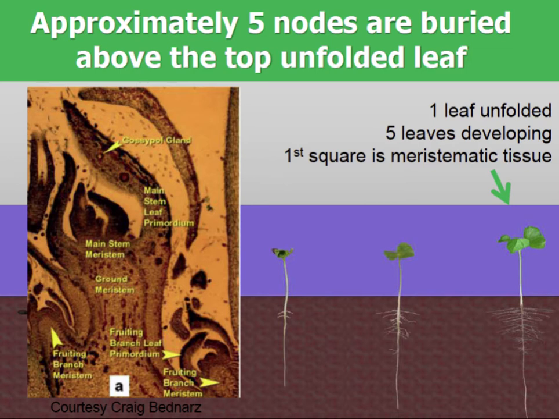When you have this one-leaf plant that we see here on the right side, you're only going to be able to see one leaf that's expanded, but you have about 4 or 5 leaves that are hidden up in the apical meristematic tissue right here. This is actually a slide that I got from Craig Bednarz, who was here earlier, and that has all developed. By the time you see leaf 1, you already have leaf 4 and leaf 5 developing on the plant.